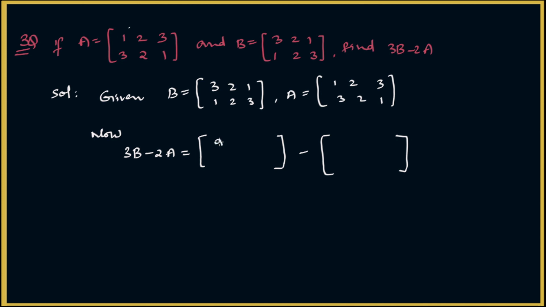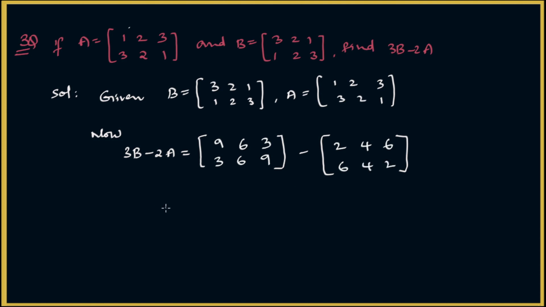So 3 threes are 9, 3 twos are 6, 3 ones are 3, 3 ones are 3, 3 twos are 6, 3 threes are 9. Minus 2 times A: 2 ones are 2, 2 twos are 4, 2 threes are 6, 2 threes are 6, 2 twos are 4 and 2 ones are 2.